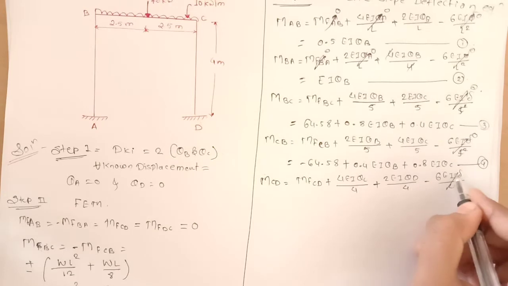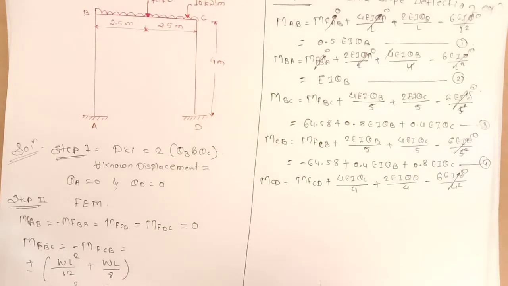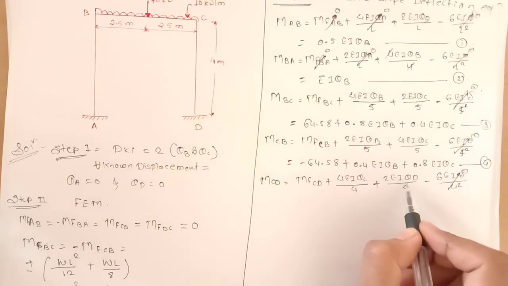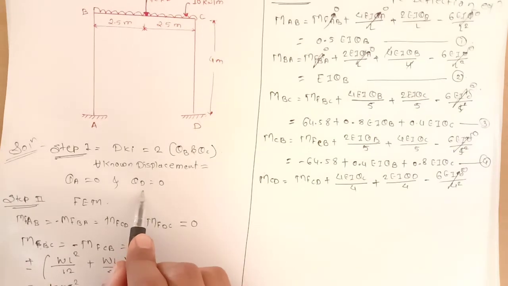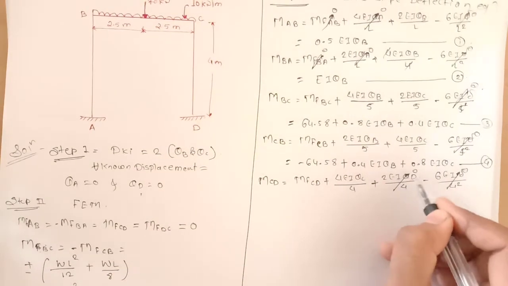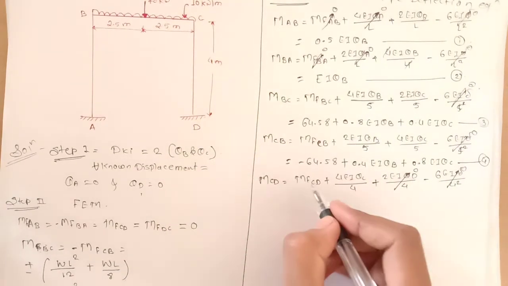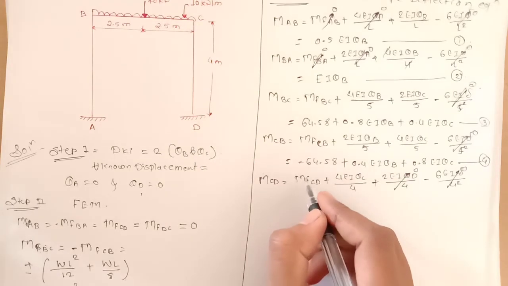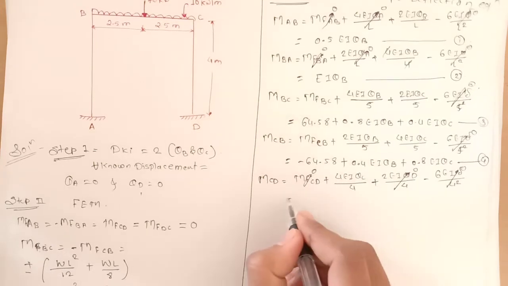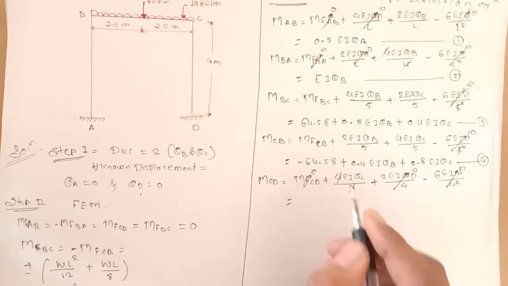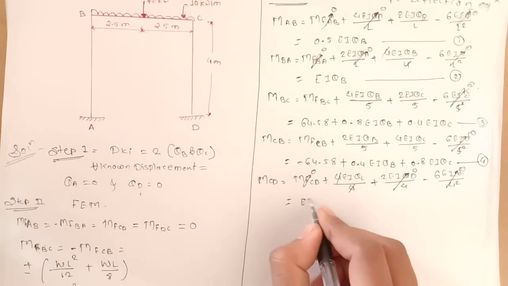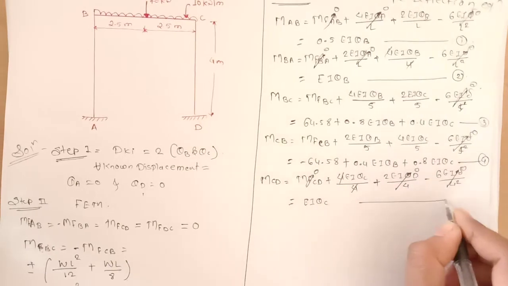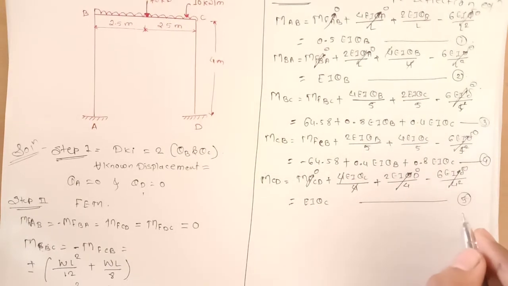So here the delta term is equal to 0. Then we know that the value of theta D is equal to 0, so that's why this whole term is equal to 0. And also the fixed moment for member CD is equal to 0. So remaining is, here 4 gets cancelled, so only EI theta C remains. This is equation number 5.